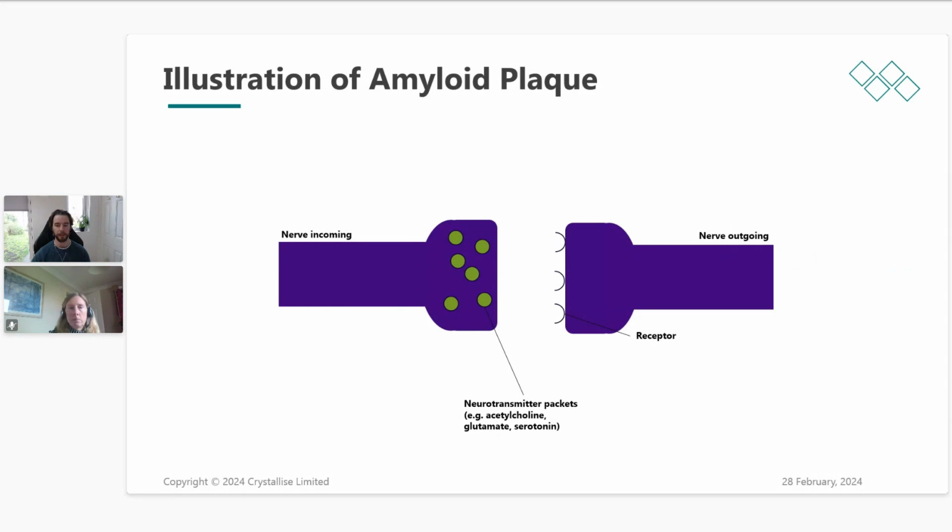So this is a synapse in the brain, a join between two nerves, and the nerve to the left receives a signal, and that signal arrives at the end of the nerve and sends these little chemicals called neurotransmitter packets to the receiving nerve, and then this end transfers information to whatever function it's trying to carry out.